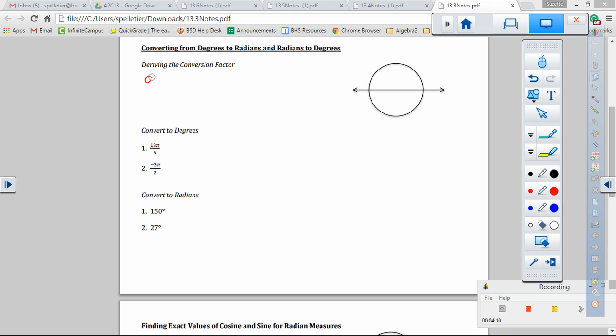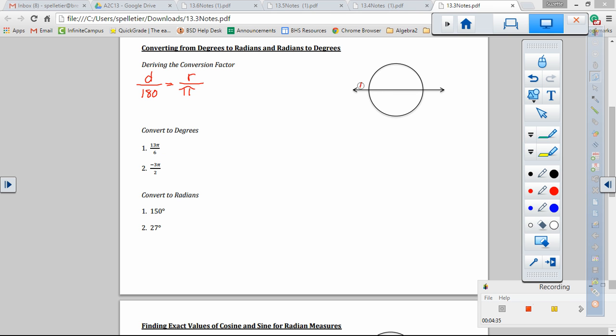So we start with degrees over 180 is equal to radians over pi. We look at a circle, and because we just talked about the unit circle a little while ago, we talked about the fact that we have 2 pi radians in a circle.